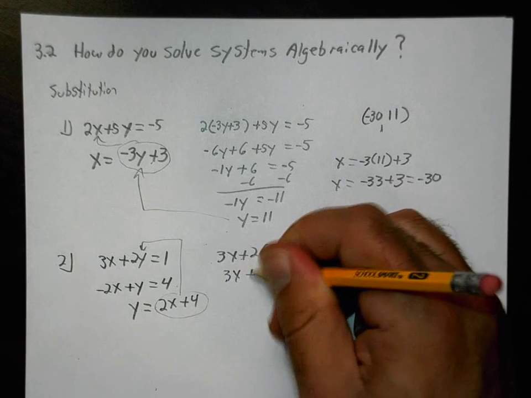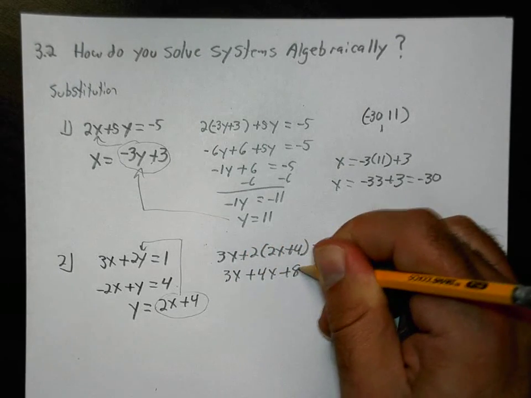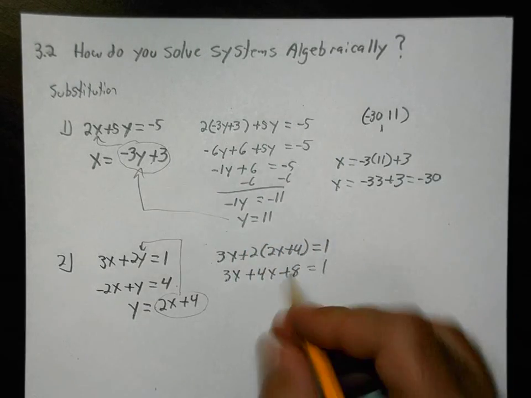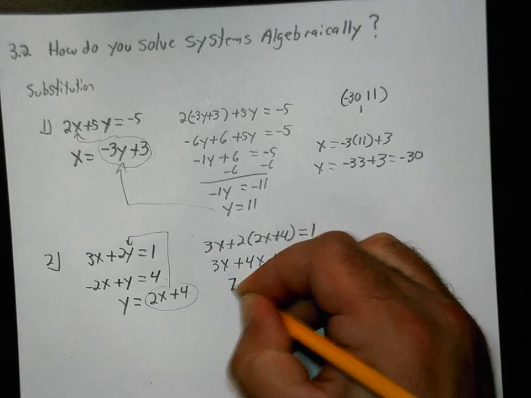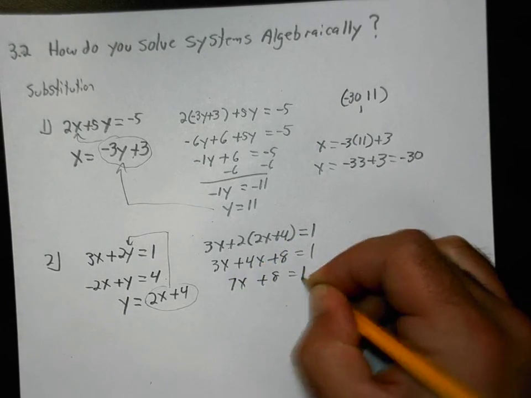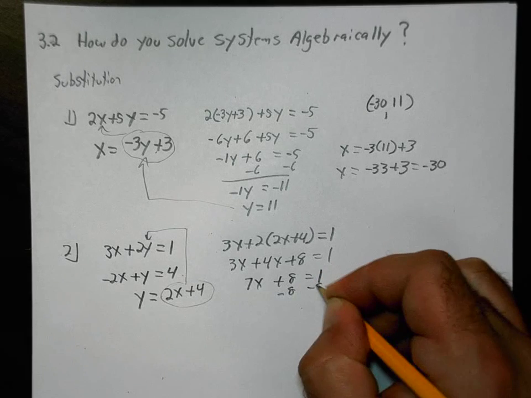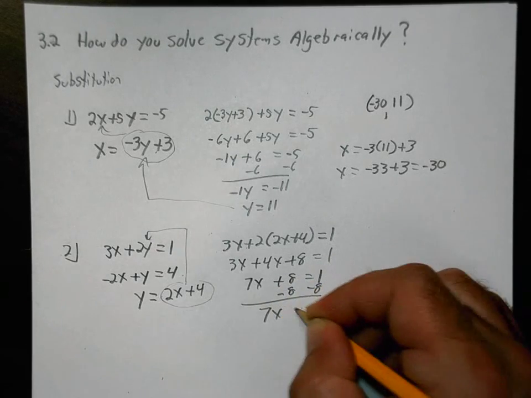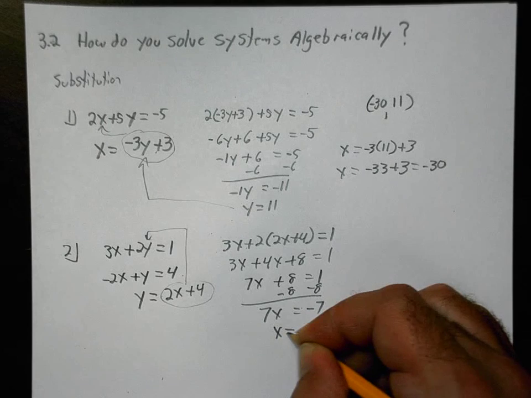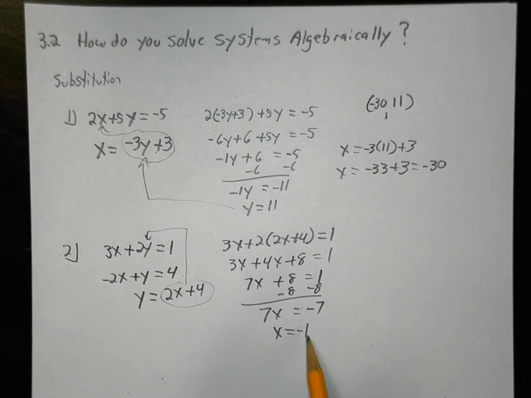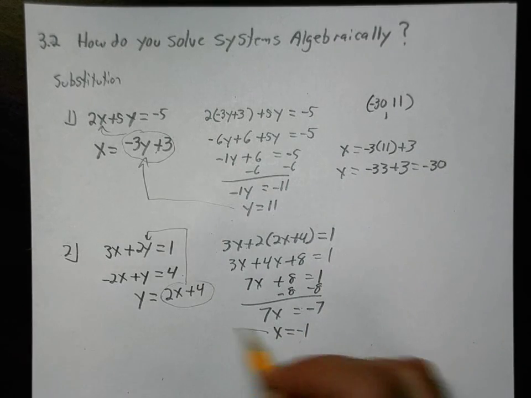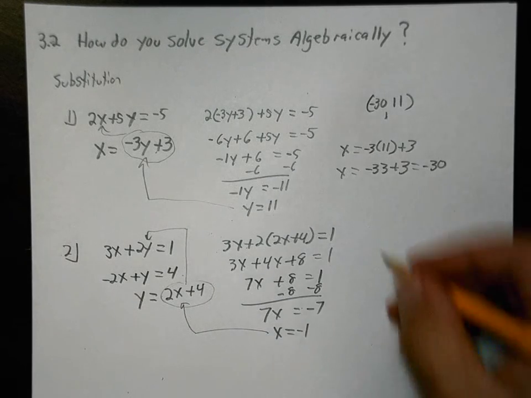So I grab 3x plus, combine like terms, subtract 8, looks like x equals negative 1. Okay, substitute that back in here to solve for y.